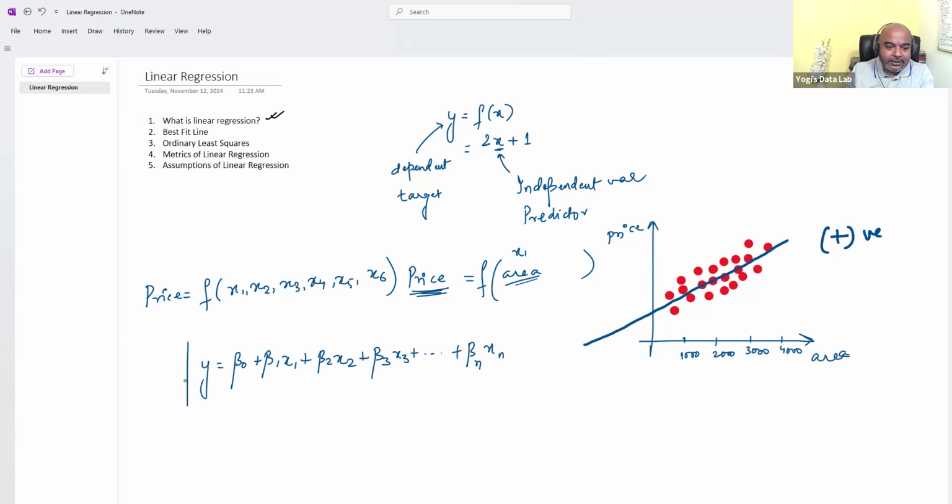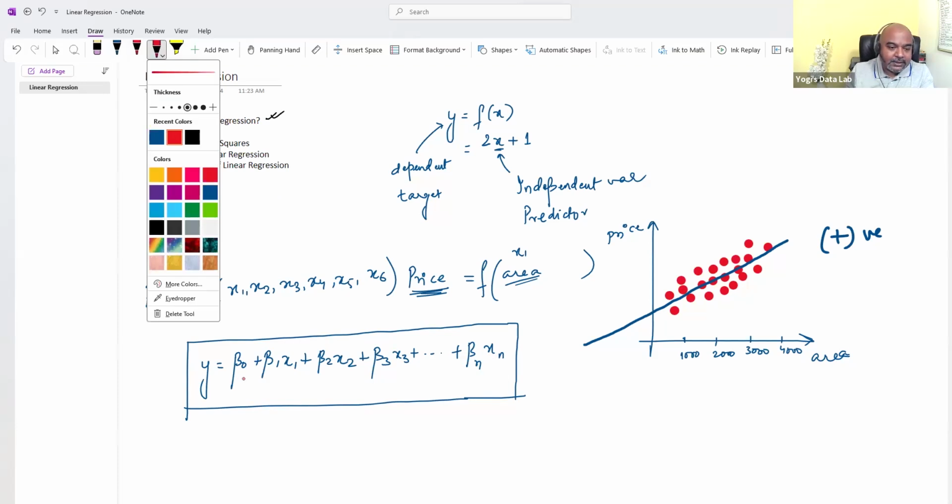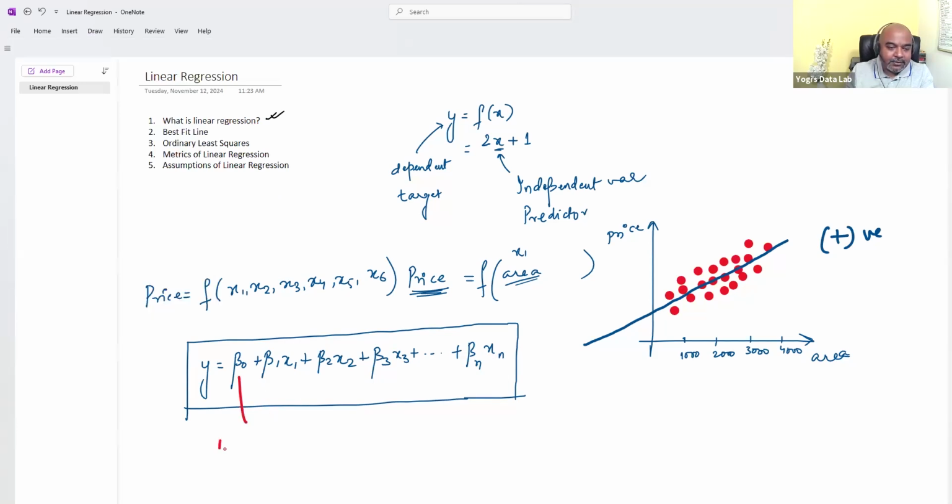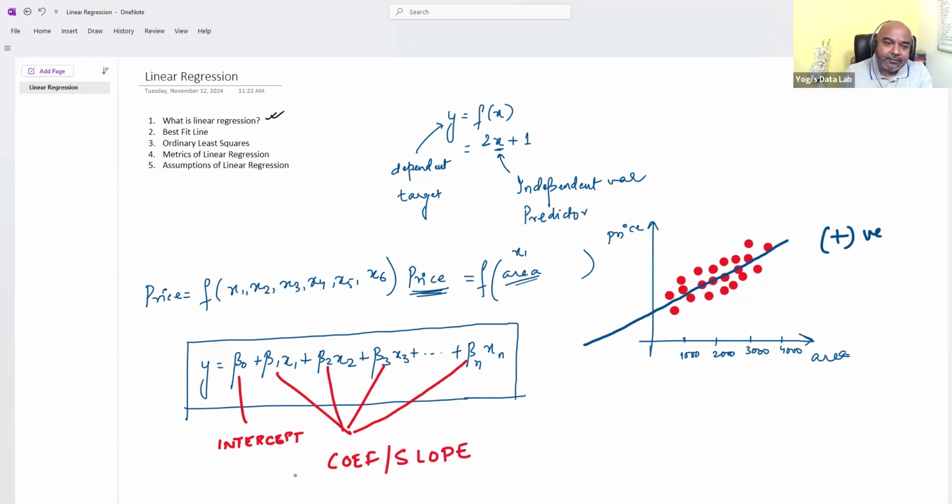So this equation that you see over here is the equation of linear regression, where this is your intercept, and these values, beta values, are your coefficients, which we also call as slope for their respective independent variables.